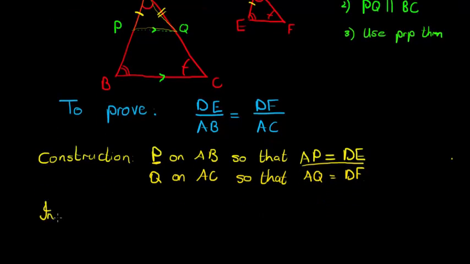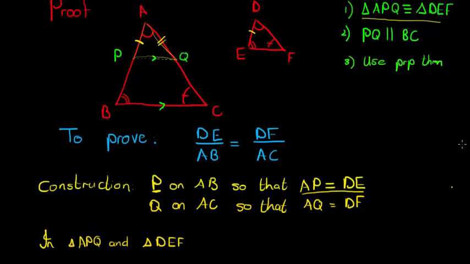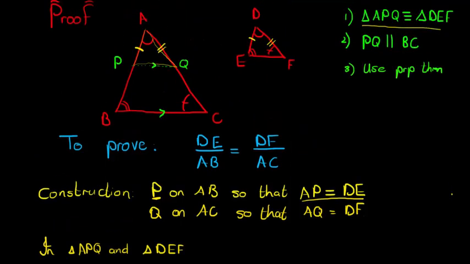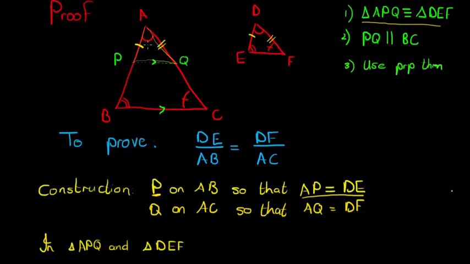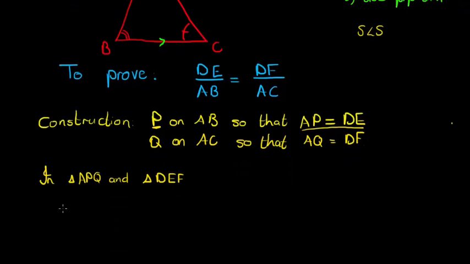Okay, so in triangle APQ and triangle DEF, how about you show me how APQ and DEF are congruent? So in these two triangles we've got two sides that correspond and the included angle that corresponds. So we're going to do side, angle, side. We'll do it in that order as well.